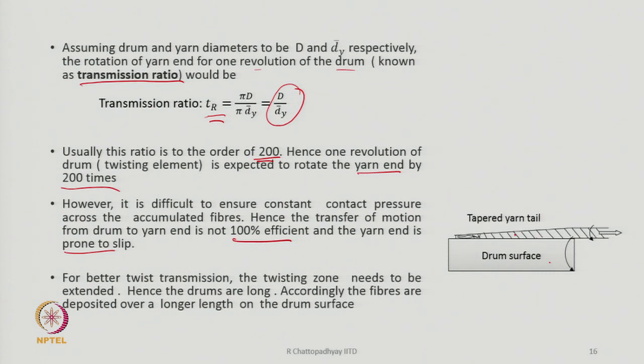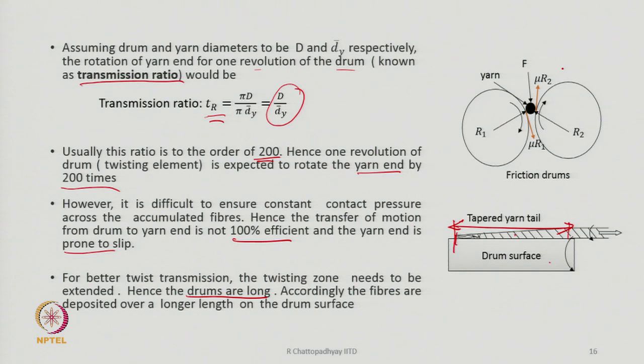For better twist transmission, the twisting zone needs to be extended, hence the drums are long. Otherwise, why should we go for long drums? The idea is that if we have a larger surface area of contact from here to there, then transmission of drum speed to the yarn tail speed will be better, and slippage will be less.